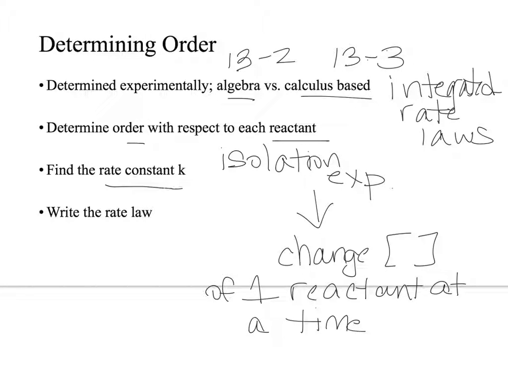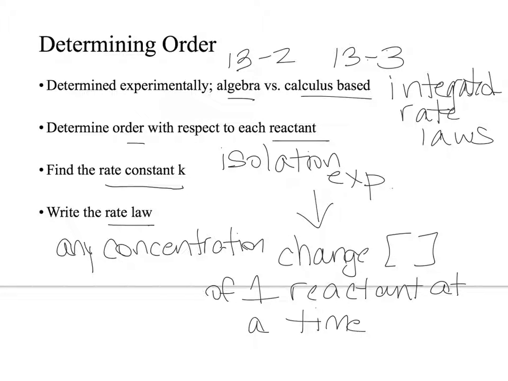Then we find the rate constant, K, and write the rate law. Once you have the rate law, you can solve for rate at any concentration. All right, so that makes it a valuable thing to do.